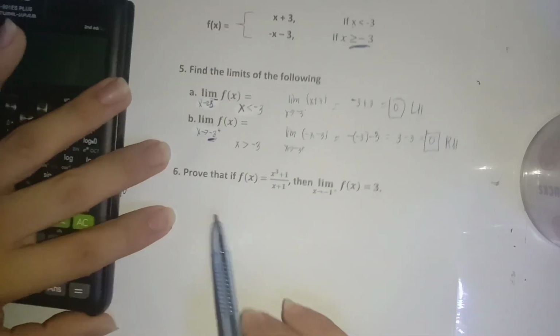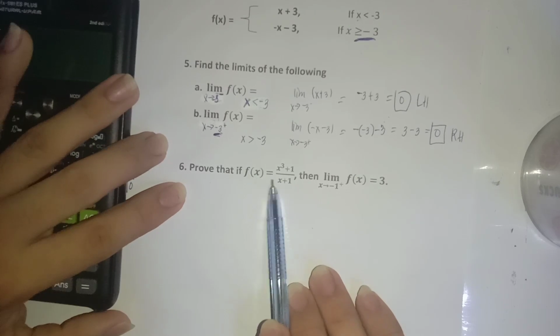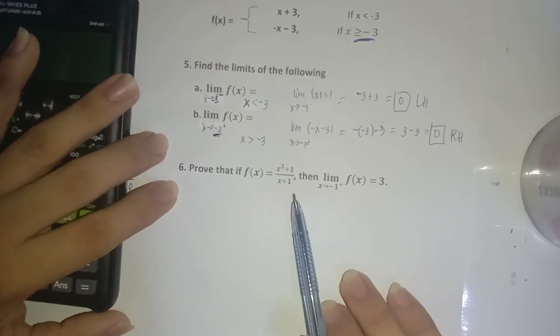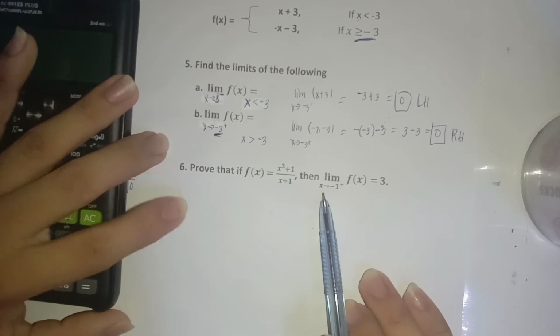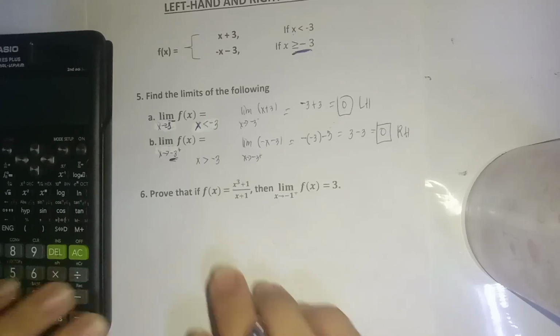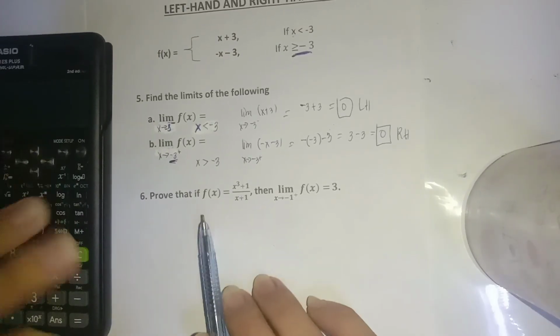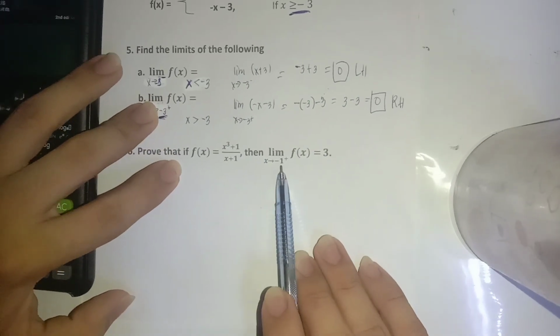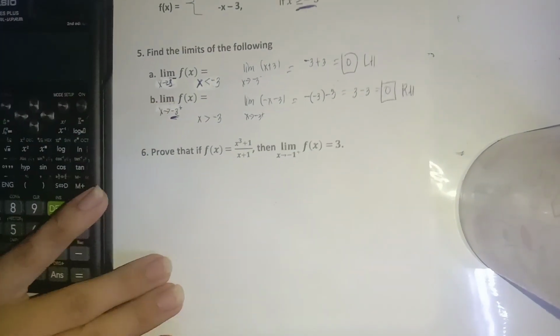Last example. So prove that if f of x is equal to x cubed plus 1 over x plus 1, then the limit of your function as x approaches negative 1 positive is equal to 3. So dito, ipoprove natin that the limit of your function as x approaches negative 1 positive is equal to 3 daw. Okay?